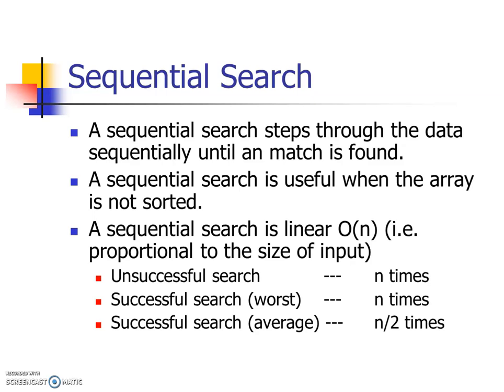The best scenario is that the element you want to find is located at the very first location. In the average scenario, you have a 50-50 chance of finding it, so you need about half of n steps to solve the problem.